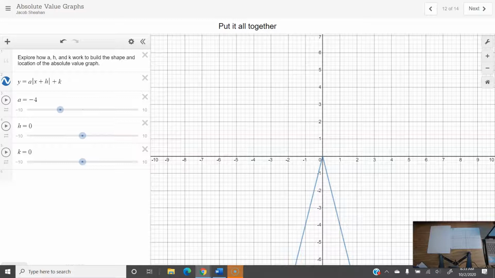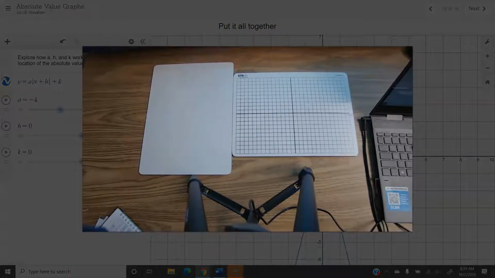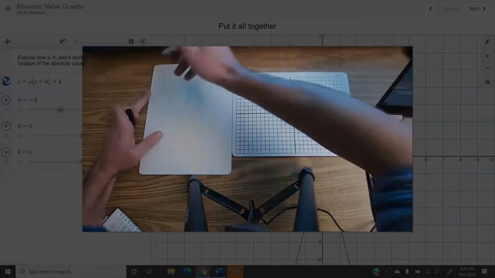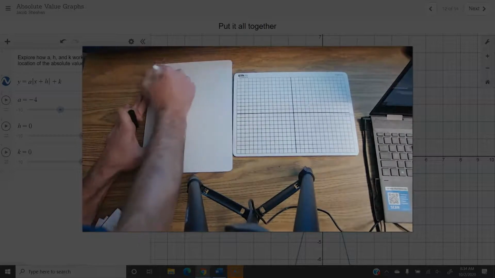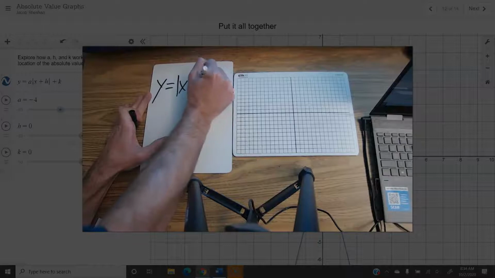Now, let's look at a few examples of how we graph these. Let's start with just doing the k function. So let's say we had the equation y equals the absolute value of x plus 1.